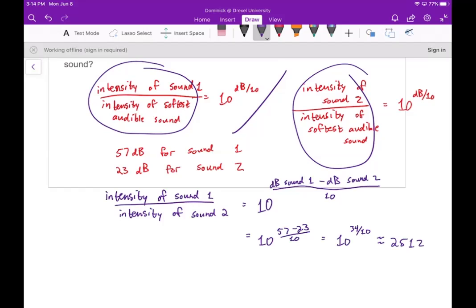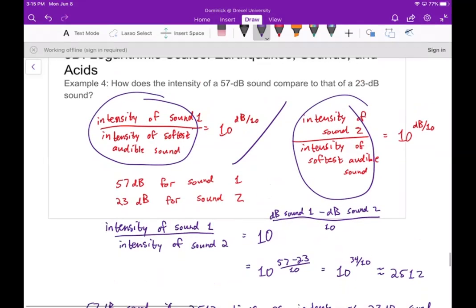So this means that if you have a 57 decibel sound, it's going to be 2,512 times as intense as a 23 decibel sound. Okay, so that's this example here, right? So we're comparing the intensities of two sounds here.